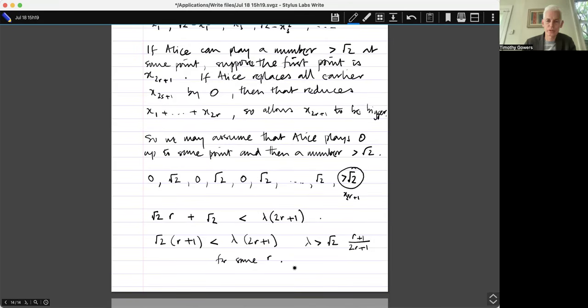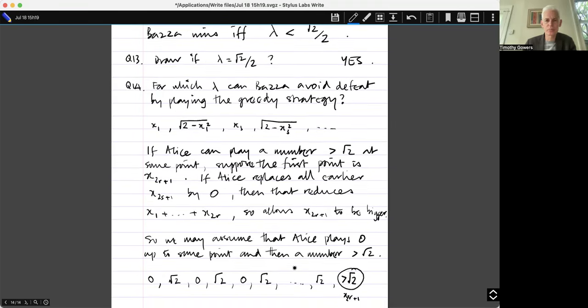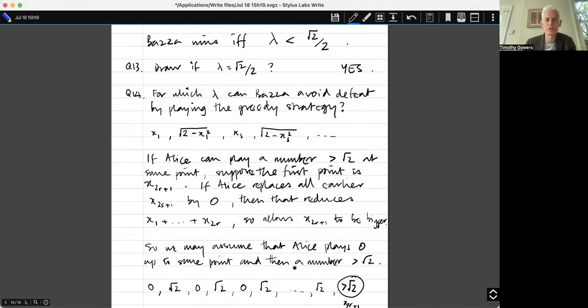But the odd thing is that it seems to work early on, but we're already assuming that it's greater than or equal to root 2 over 2.